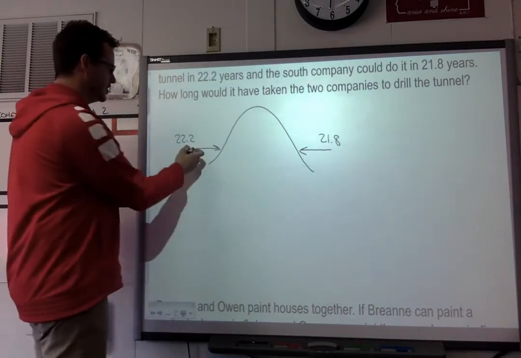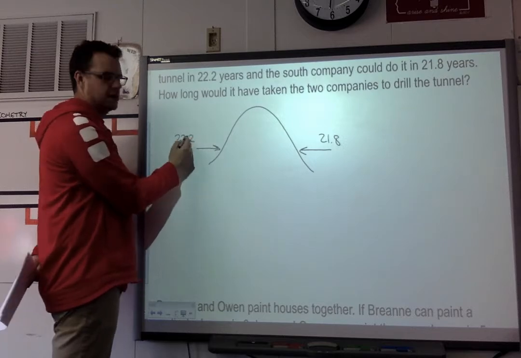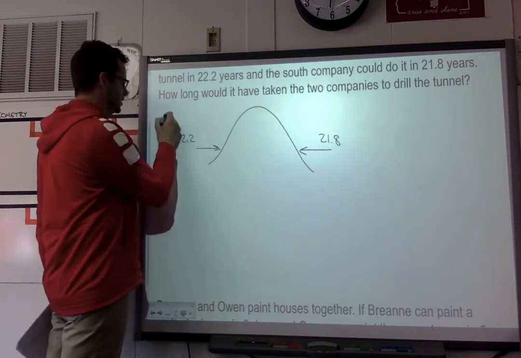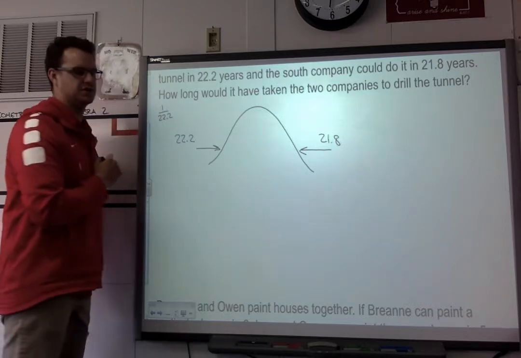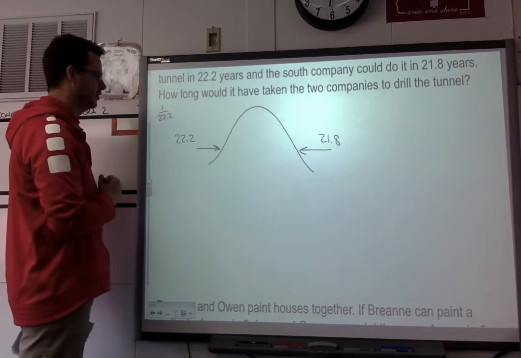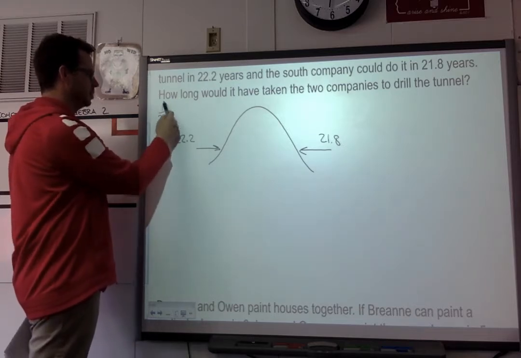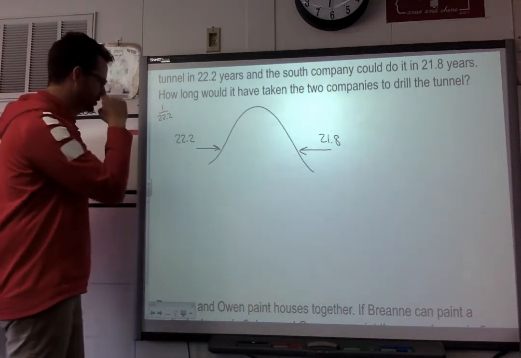If we think of this, in 1 year, this company that takes 22.2 years can do 1 over 22.2 of the tunnel. In 2 years, it would go up to 2 over 22.2. 5 years, 5 over 22.2.